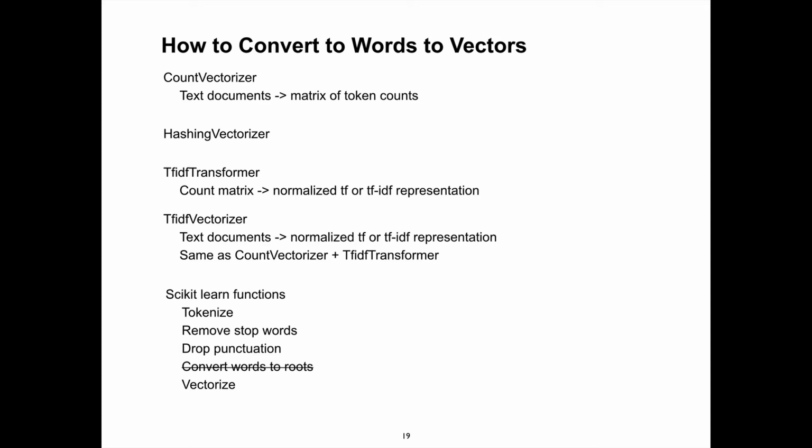So Scikit has a number of ways of doing this. There is a count vectorizer. You give it a text, a string, and it will then convert that into a matrix of token counts, right? How many times each word occurs.